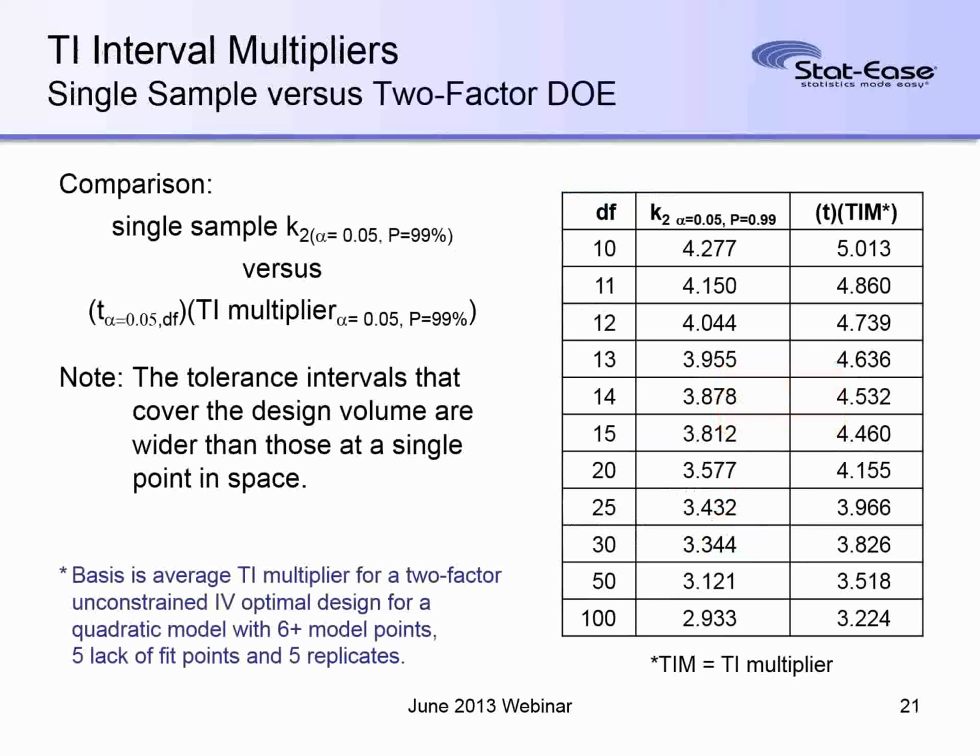So the comparisons. If you're working with a single sample, the tolerance interval is narrower than if you're working with multivariate space. That whole sample size thing and corrections that get applied to account for all of the possible variations of the variations. As a result, for a given designed experiment, it's going to be a roughly 1.2, 20% larger than the corresponding single sample adjustment for the critical value for the interval.